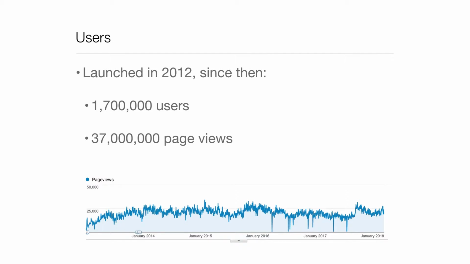And additionally, there's been almost 37 million page views. Now, this to me feels very substantial, and that means that there are a lot of people who are interested in Japanese prints, and that by making a resource available, it's able to attract more people to this art form.